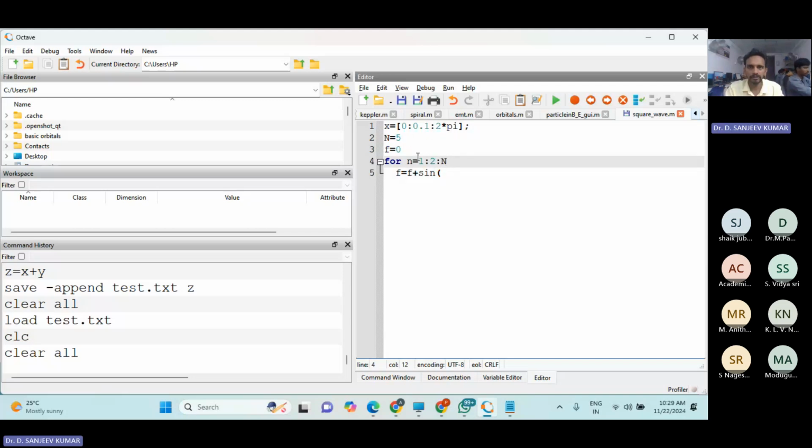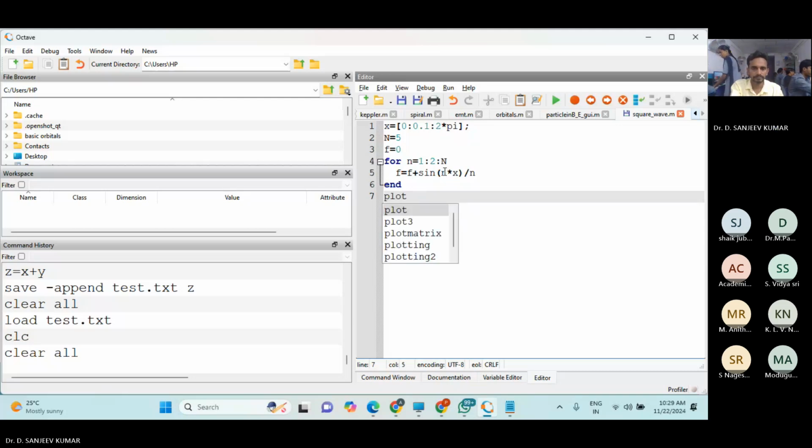So capital N is equal to 5 and loop index small n is 1:2:N. Then sine n star x by n. Plot x comma f.